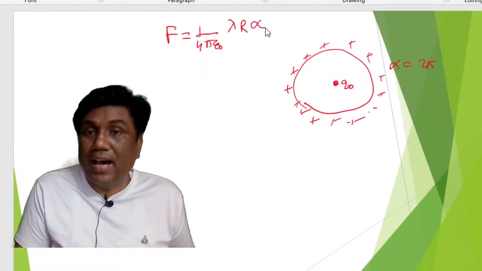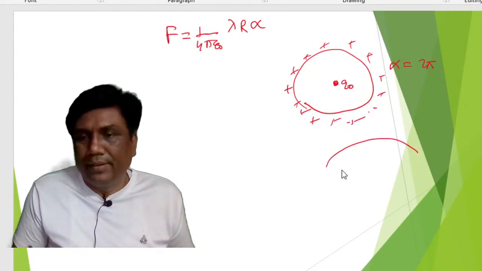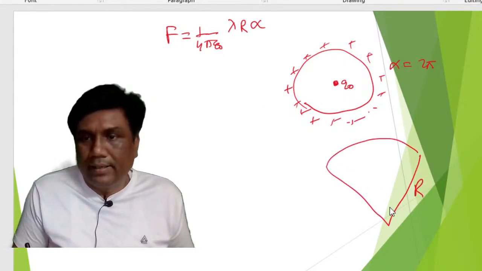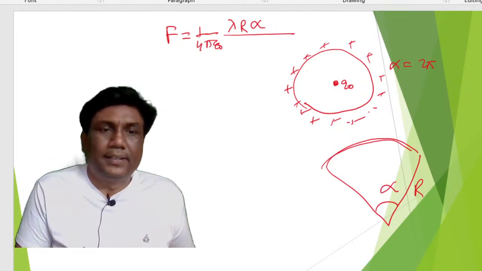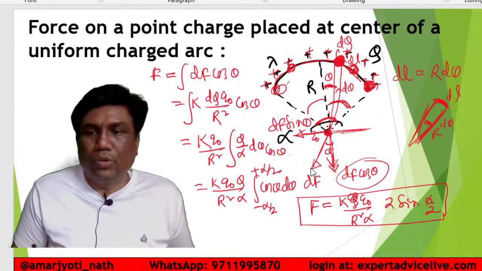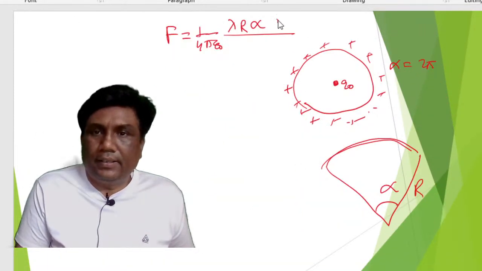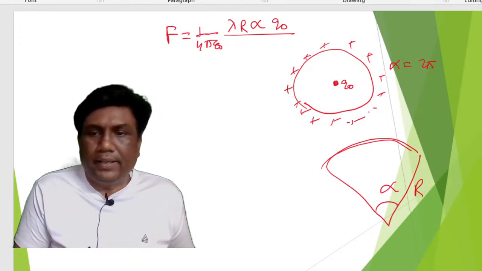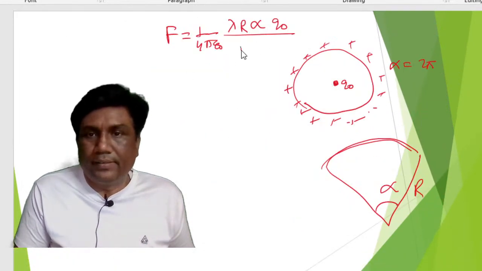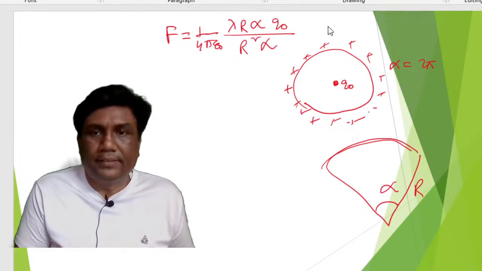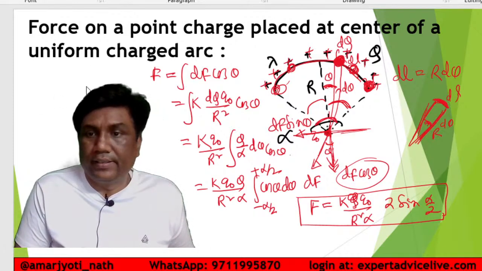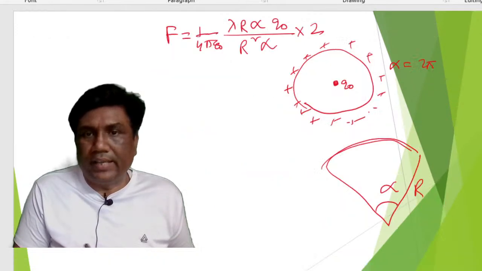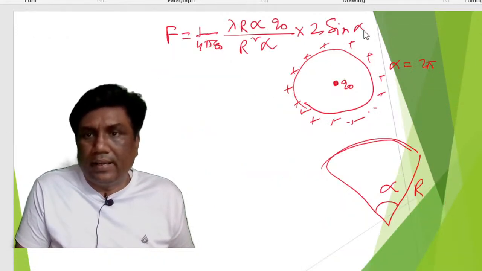Length is nothing but r alpha, because the radius is r and the arc angle is alpha, so length is r alpha. And into q naught, divided by r square alpha, into 2 sin alpha by 2. Okay, the calculation part you can check.